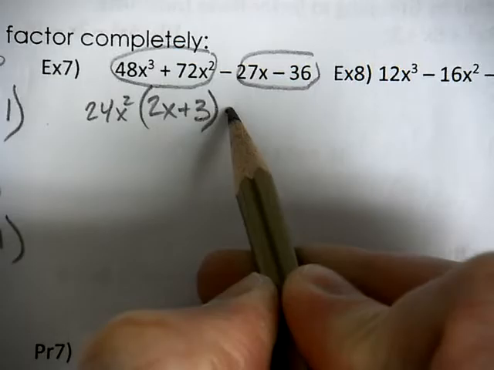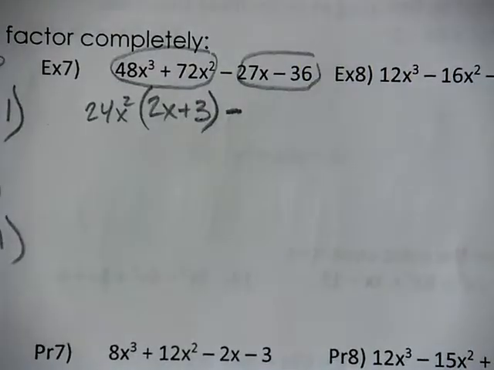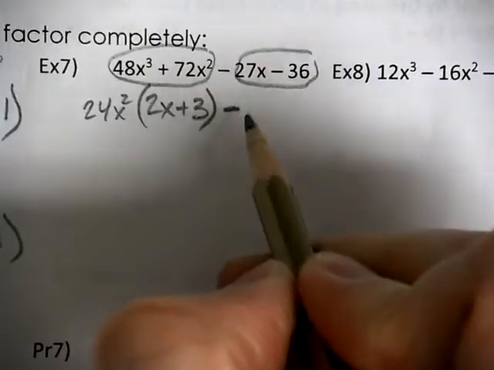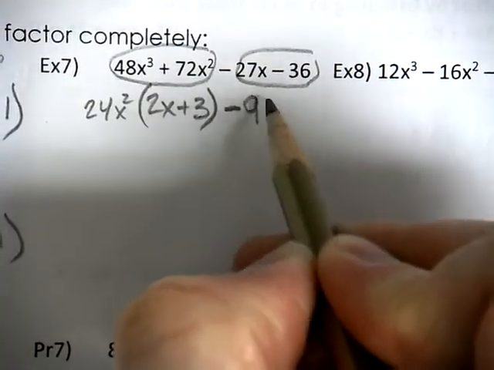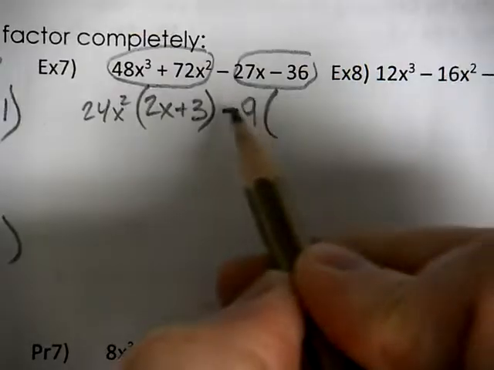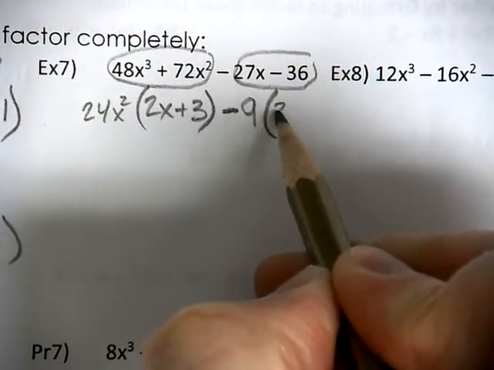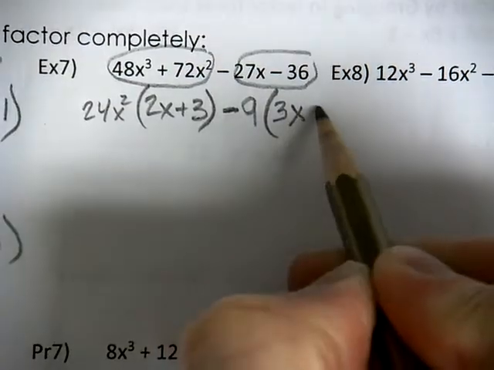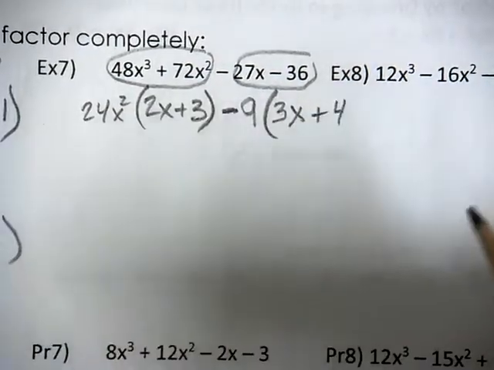Bring down my sign, which is a negative. I know the largest number that goes into 27 and into 36 is just 9. But when I distribute it back in, I'm left with a 3x and a positive 4.